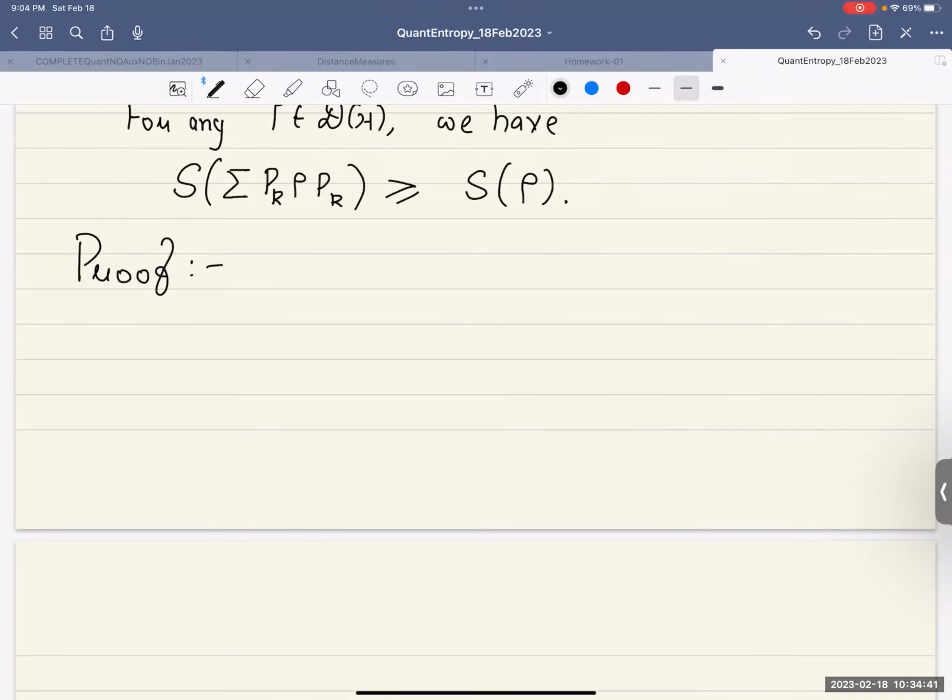They have orthogonal support, because each PK is orthogonal. So you're saying I'll call pk rho pk as that. There is some probability distribution there, which I will have to take as equally distributed or something in this case.